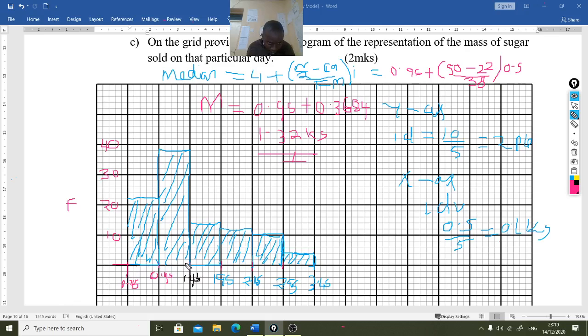The fourth one is where we have 1.35, around here. So you draw a vertical line here.